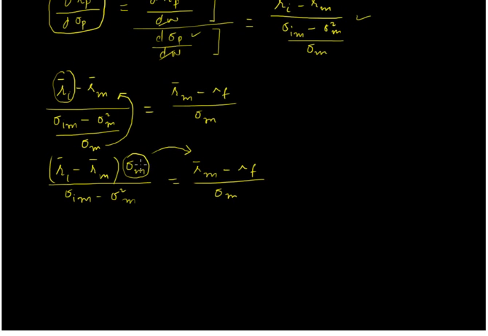When that happens, this is going to go into the denominator, and this thing is going to become variance of the market. So let me make that change.